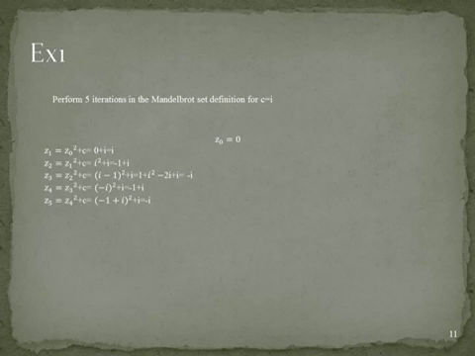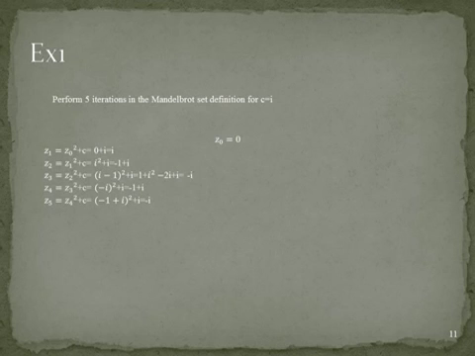z3 is equal to z2 squared plus c, also c as we said before, i, which is (i minus 1) squared plus i, which is i squared minus 2i plus 1 plus i, which is minus 1 plus 1, cancelled, minus 2i plus i, which is minus i. z4 is z3 squared plus c, minus i squared from the previous step, plus i, which is minus 1 plus i.